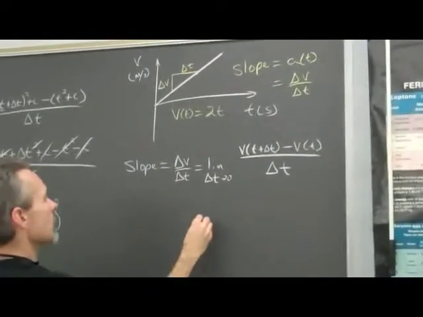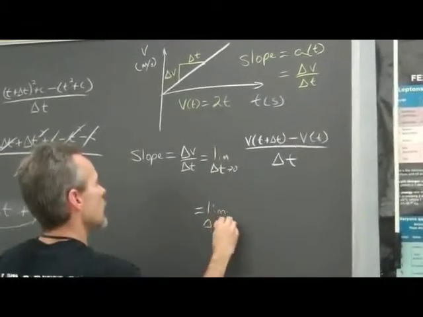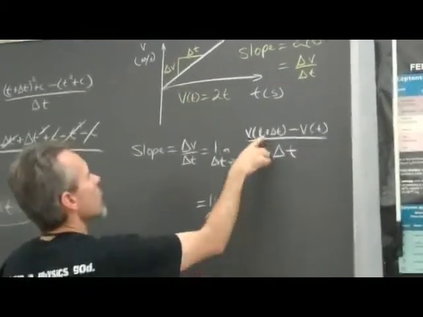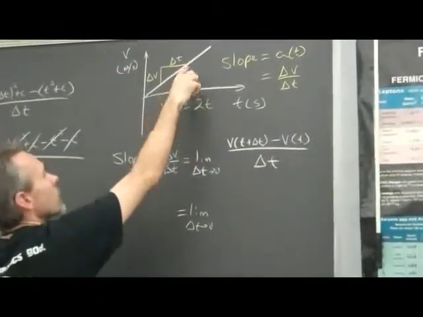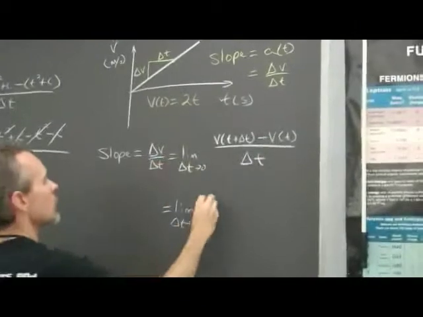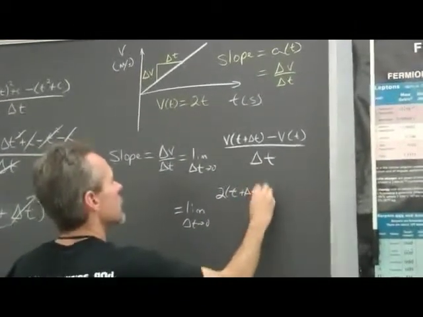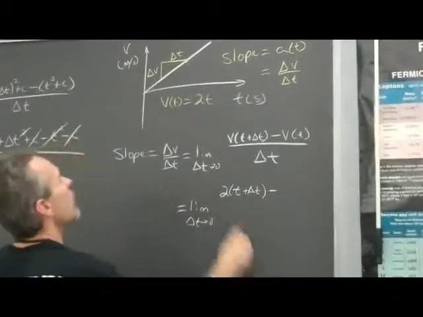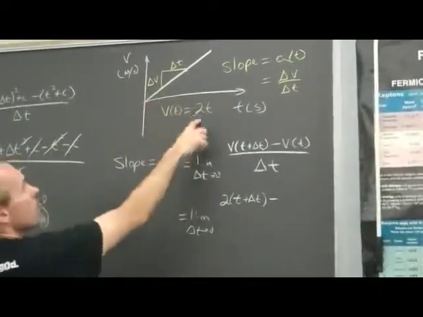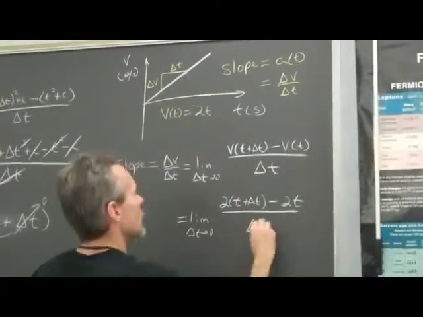It would be equal to the limit as delta t goes to 0. The velocity at that point would just be plugging t plus delta t into this equation here. So it's going to be 2 times the quantity t plus delta t, minus the velocity at this point, and that would just simply be 2t. So I'm going to divide that by delta t.